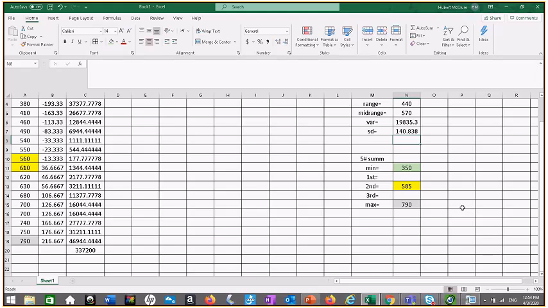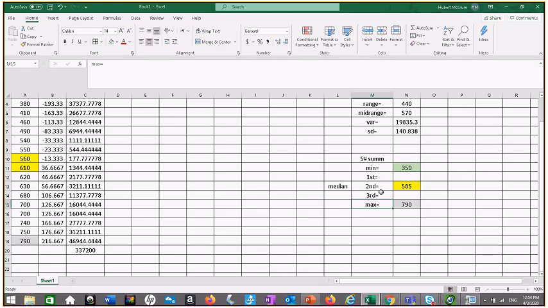Now I'm going to find my 5-number summary. To find the 5-number summary, I've showed you how to find 3 of the numbers. That is the minimum, which is your lowest number. This is your median. And your max. Now, how do you find your first quartile?